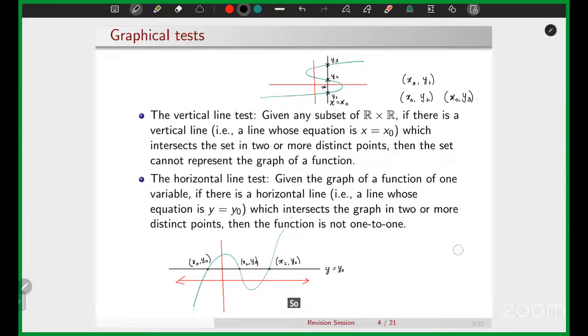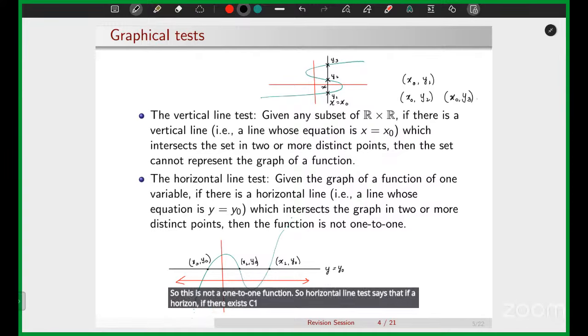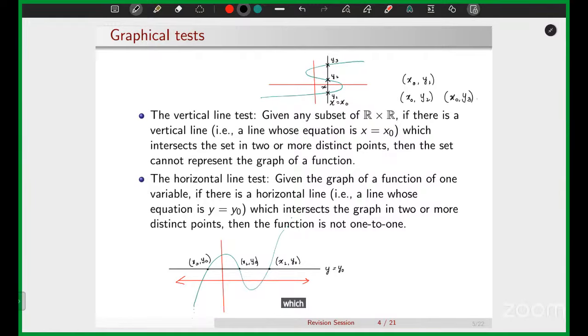So this is not a 1-to-1 function. So the horizontal line test says that if there exists even one horizontal line which intersects the graph of a function in more than one point, then the function whose graph you have drawn cannot be a 1-to-1 function.